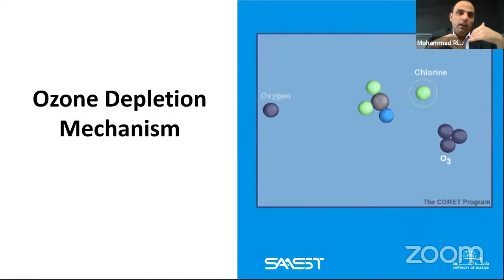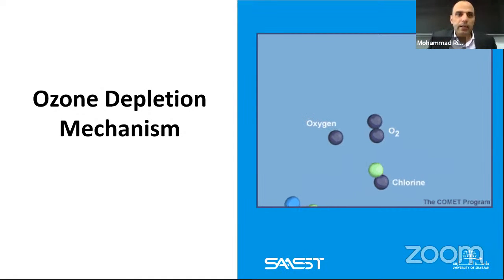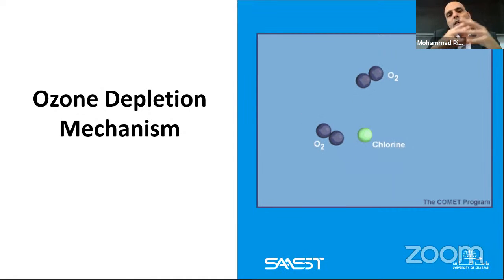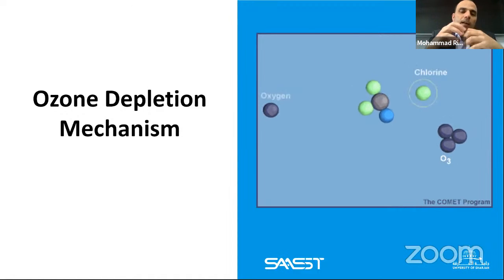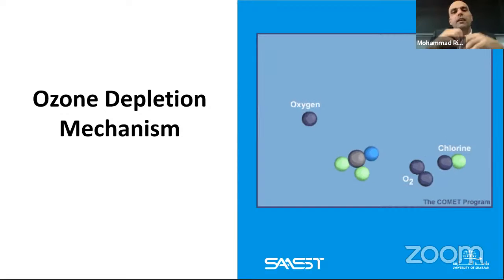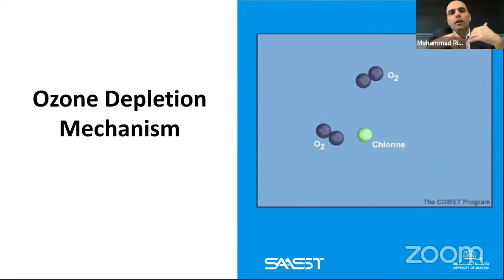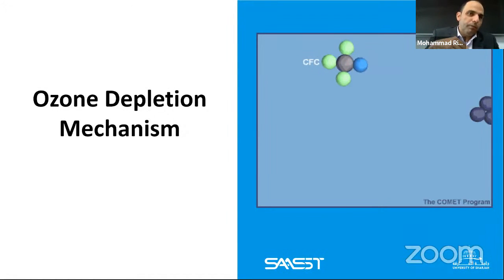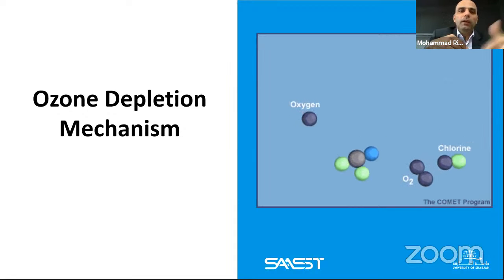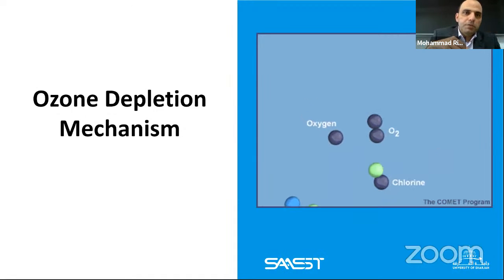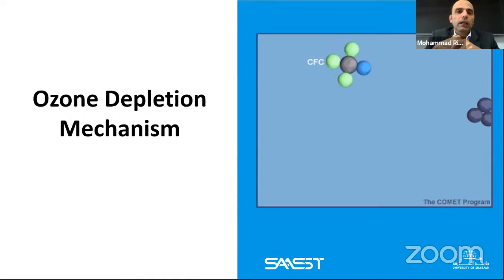By repeating this process on a very large scale, the resulting phenomenon will be decay and depletion of the ozone layer year after year. So the more chlorocarbons we produce, the more depletion of the ozone layer.